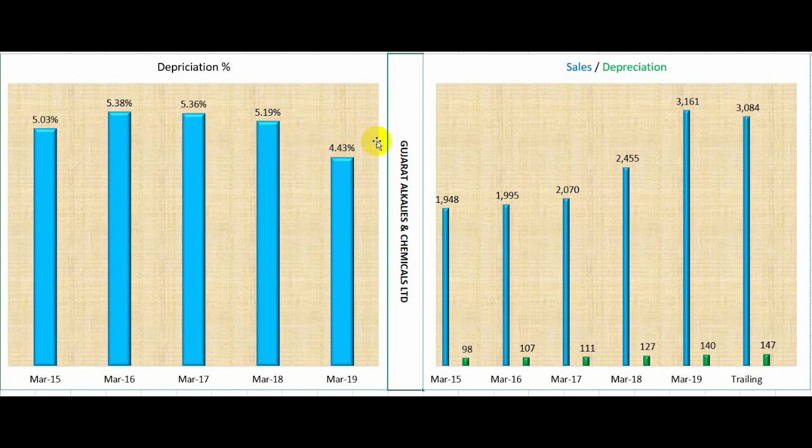So this is a good thing. If someone wants to look at the details of the depreciation and the sales, they can look on the right hand side. We can also see that number-wise, from 98, 107, 111, 127, 140, the depreciation has been increasing but at a very stable rate. It's not haphazard. So this is a good thing.